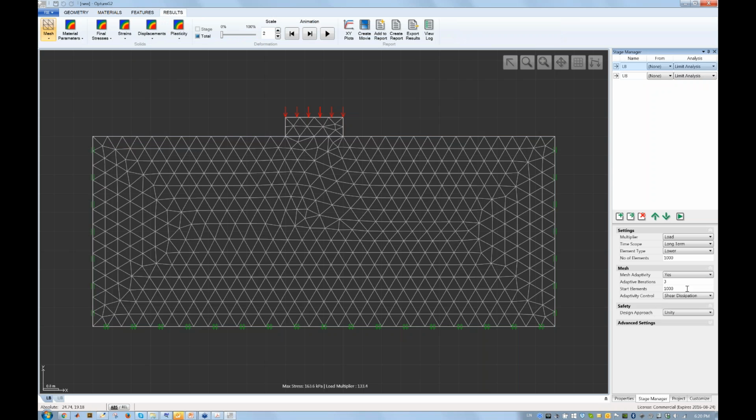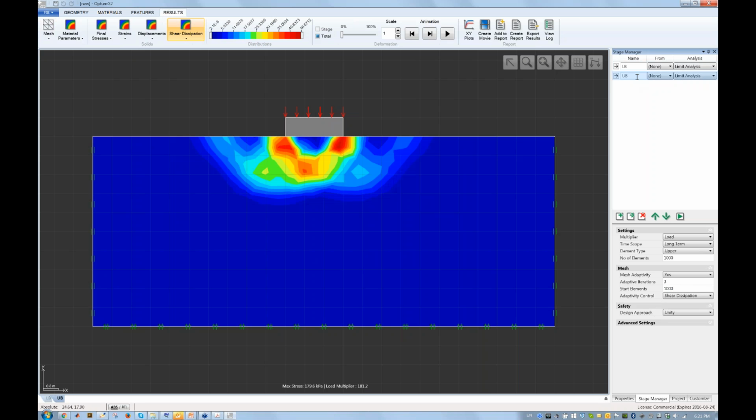you see some settings here, some additional settings. First of all, the start elements 1000, and then 3 iterations. What that means is that you start with 1000 elements, just as shown here. Then you get a solution shown here, and then on the basis of that solution, you adapt the mesh. So basically, you refine the mesh in the parts of the problem domain where things are really going on.